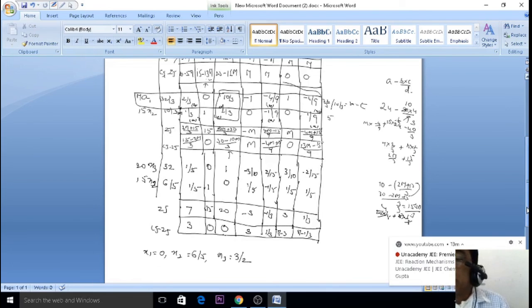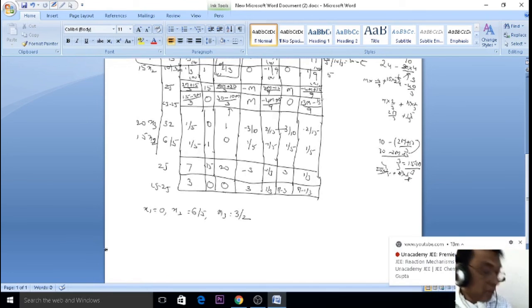So what are the minimum values? Therefore, understand, x2 is equal to 6 by 5, x3, sorry, this is 32 by 10, and x3 is equal to 32 by 10, that is 16 by 5.